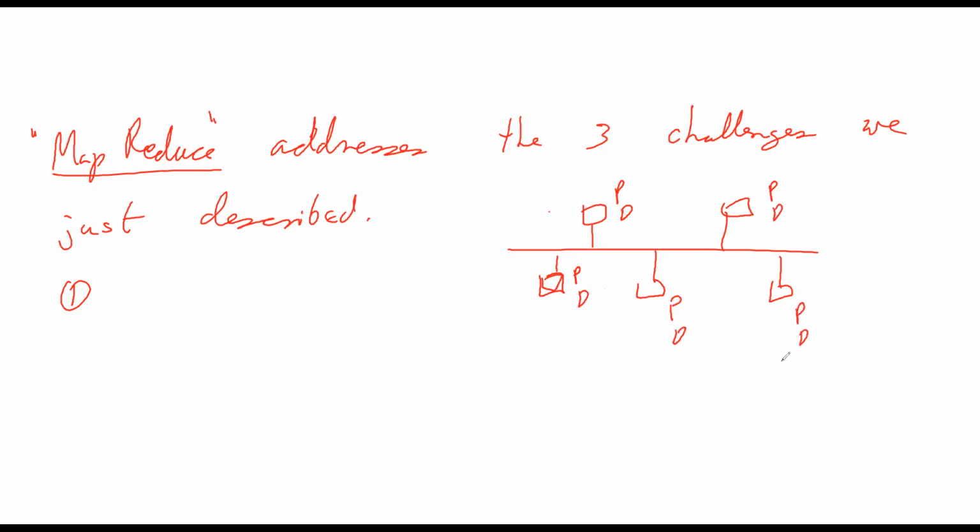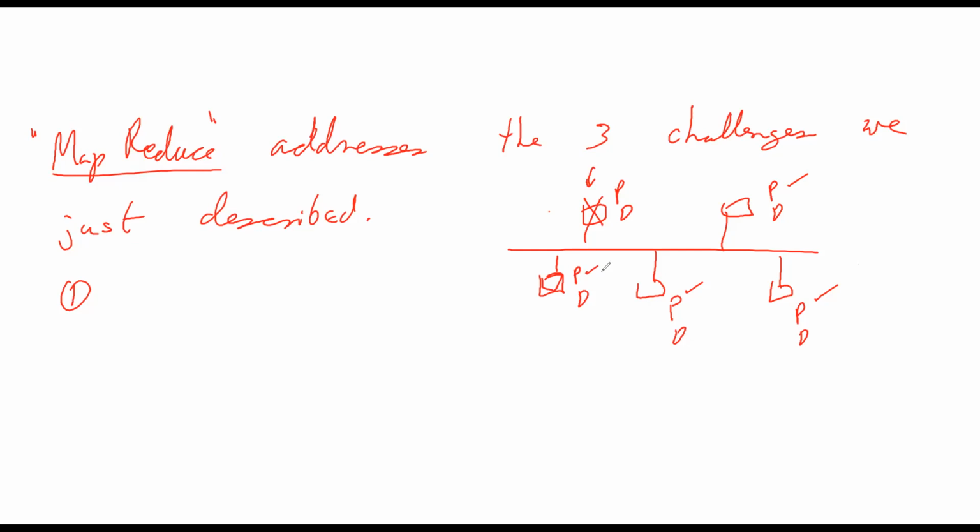So what happens if one of them fails? Let's say that this one fails. It's out of commission. What's the problem? Well, all of these can process, right? But what might be the problem if this node failed?